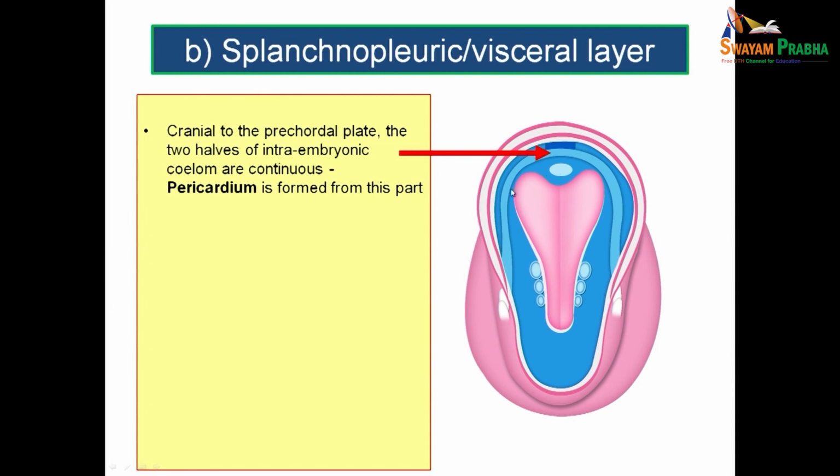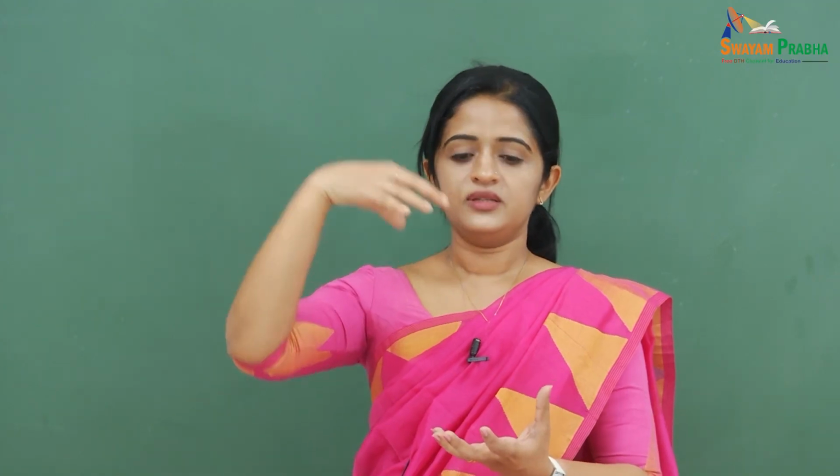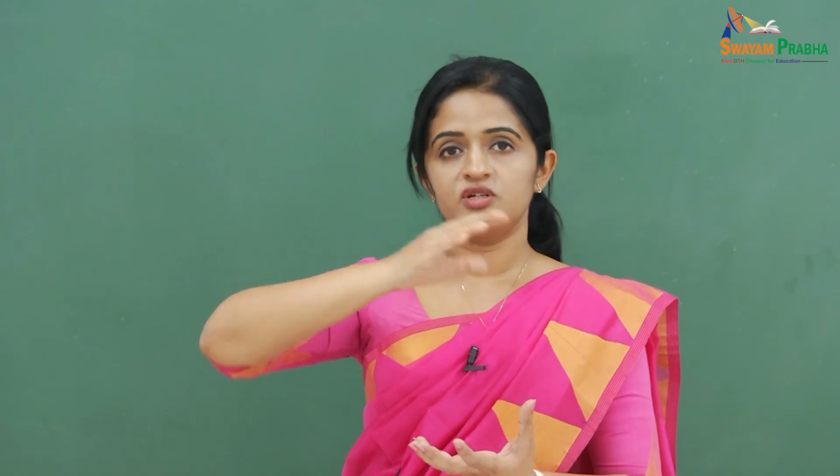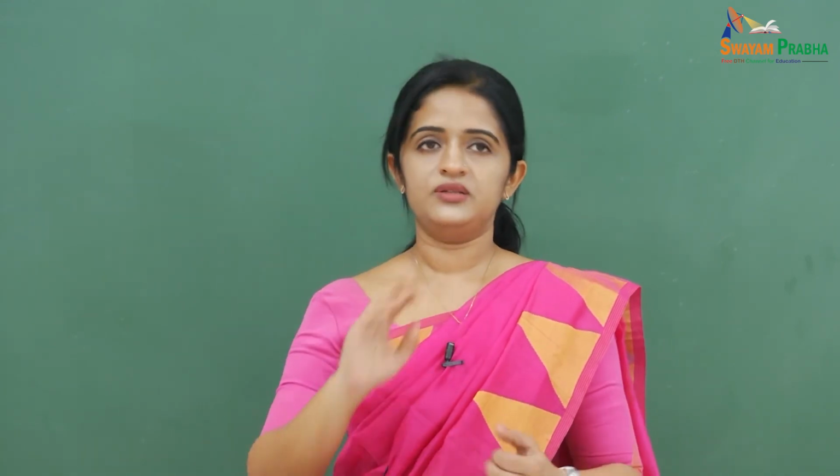As you move towards the cranial end, cranial to the precaudal plate. So once again reminding you the parts, this is the precaudal plate, this is the future neural tube, these are the somites, and this is as you look from above. If you keep the germ disc like this, and look from above after removing the amniotic membrane, this is the view.